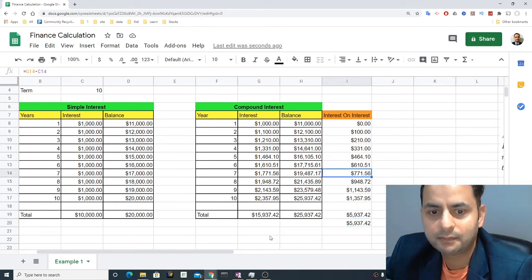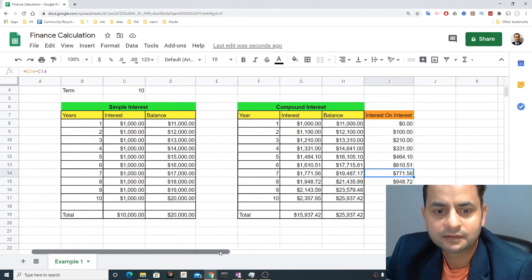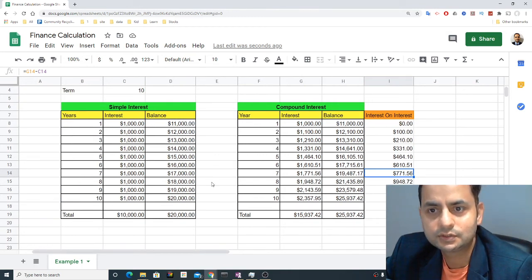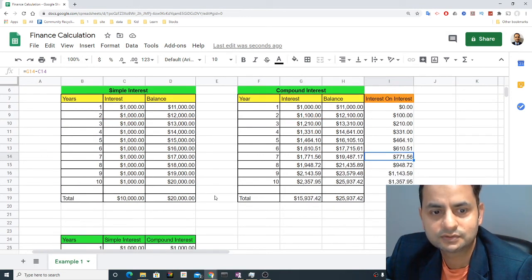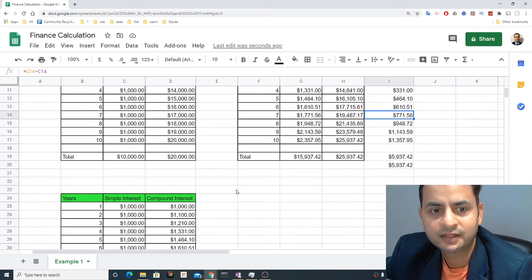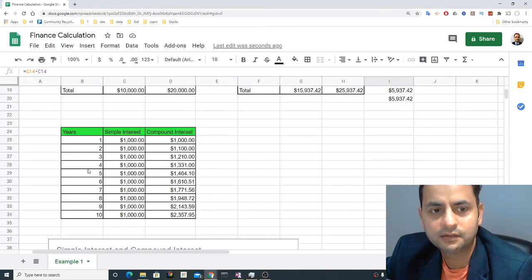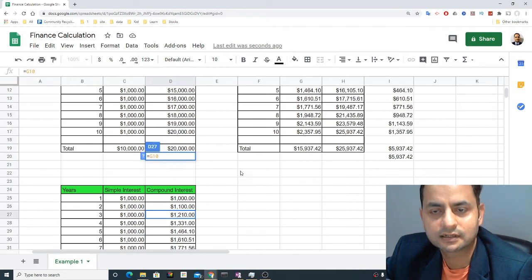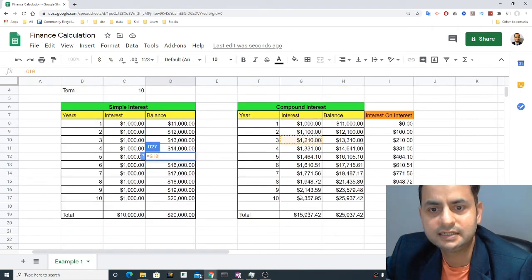If you want to see the math, before I show the math, let me show you the graph as well. Just for safety, I copied this table here. This is years 1 to 10. This is coming from simple interest, and this is the compound interest, just referring to these interest cells.